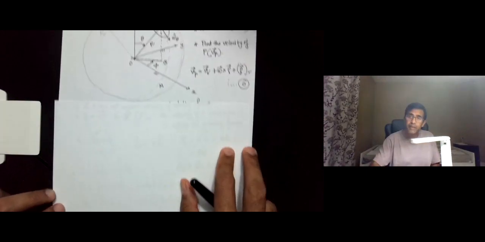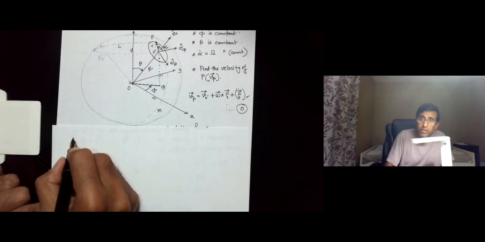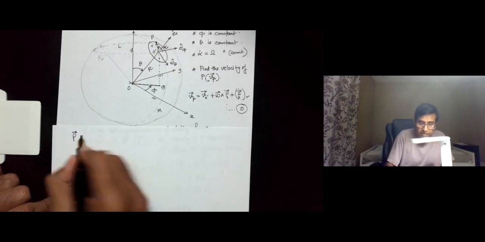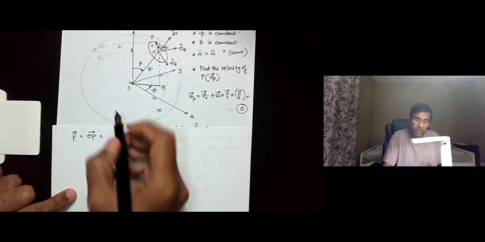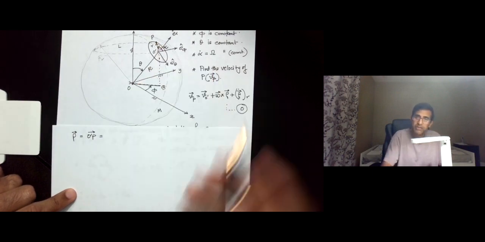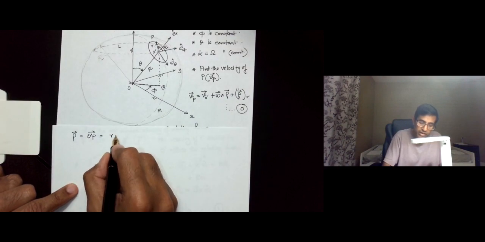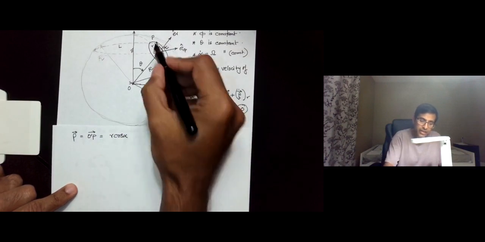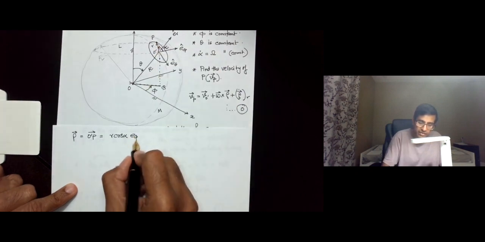Now, the vector rho is, as we have mentioned, the vector from O prime to P, right? And it is quite easy to formulate it. First of all, it has a length of r, because that's the length of the disk. So if you do r times cosine alpha, it is going to project that onto the E phi direction.